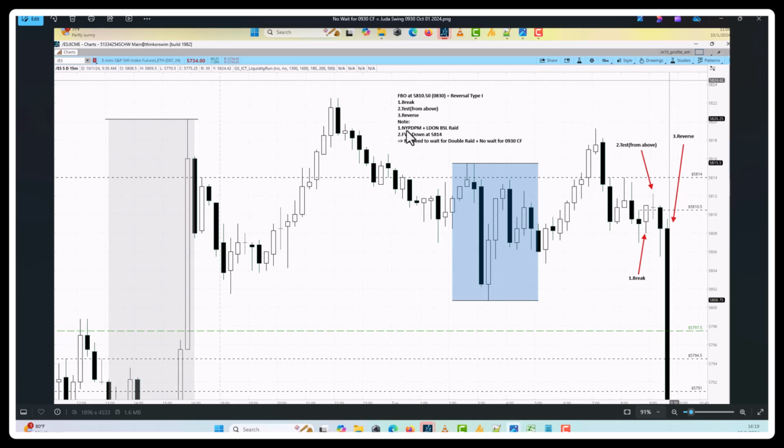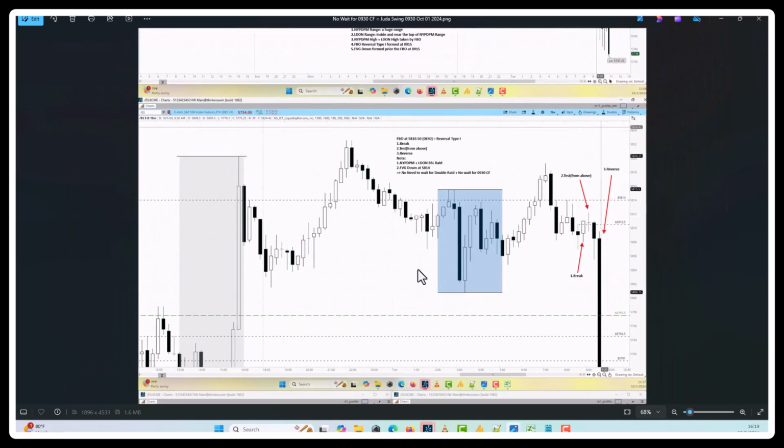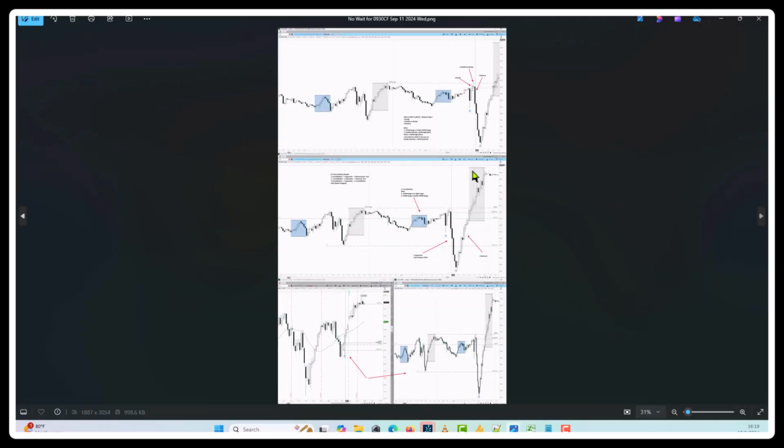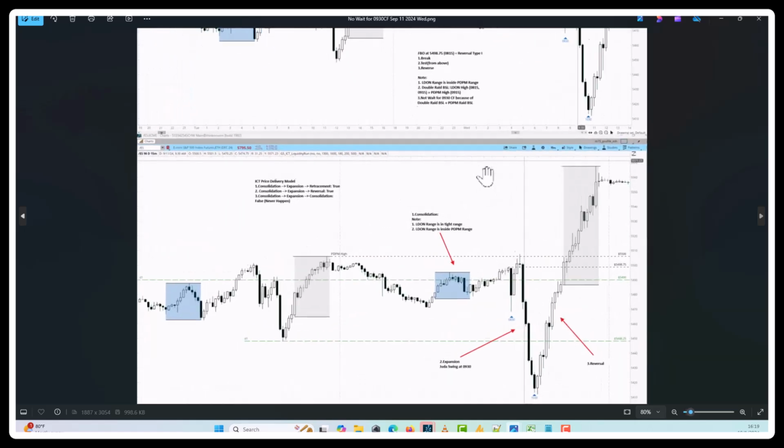the New York Friday PM was raided, and then the London also, the buy side was raided, but it raided differently right there. It raided and then it came down. It raided the London. The other scenario we had before related to this setup, we see that right here.